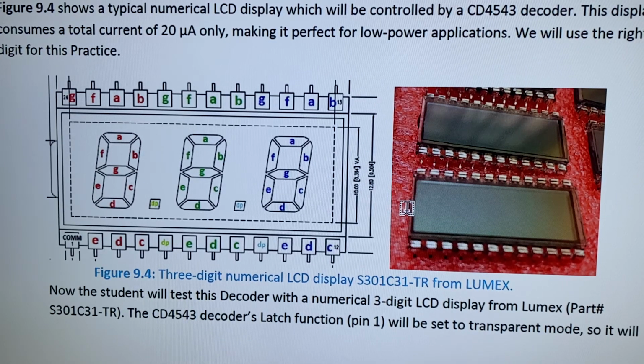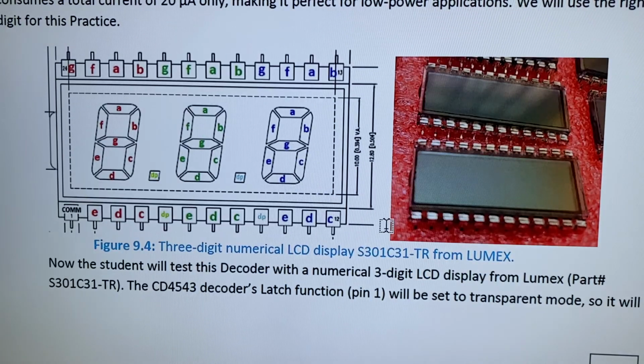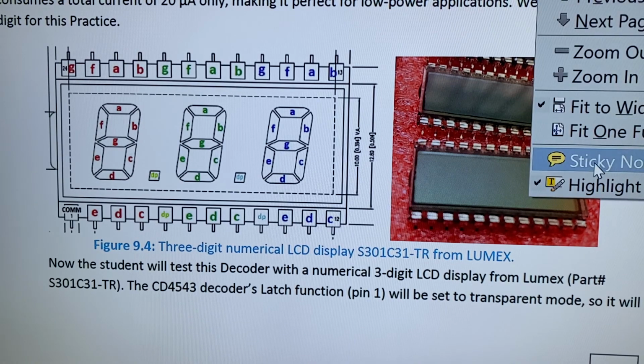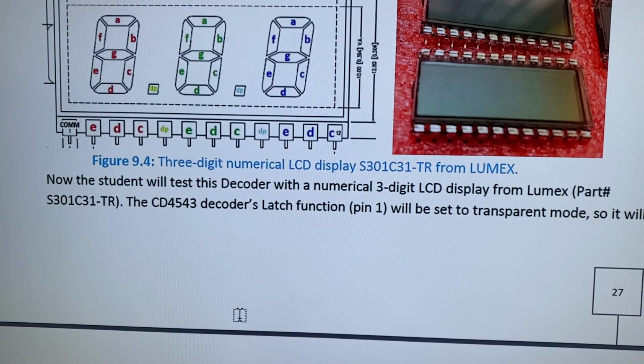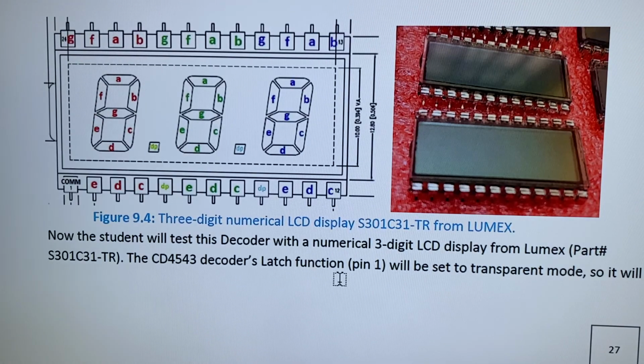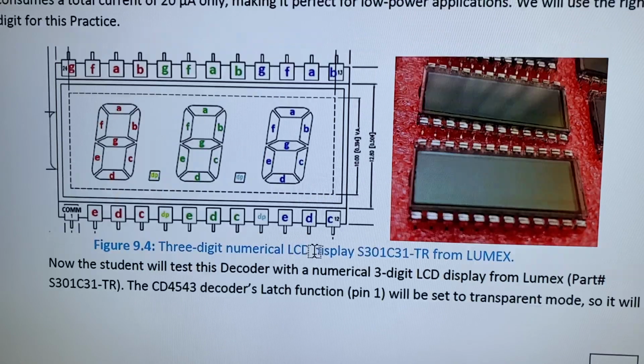This mark or notch, you can see it there, always has to be on your left side when you are driving these displays. Okay, the standard brand that I've been using for a long time is Lumex, and this is the serial number. And of course, you can get them from different suppliers.